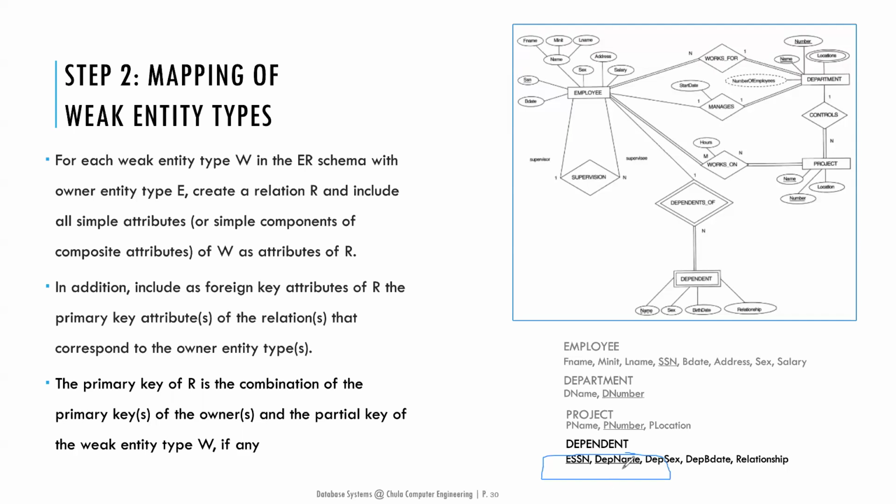So if you have ESSN and dependent name, it is a key because you cannot remove anything and still make the table unique. So a key is a minimal super key, but if you have a key which is a composite of many attributes, even a minimal key, it means that that set cannot be reduced: you cannot have fewer attributes and still make it unique.